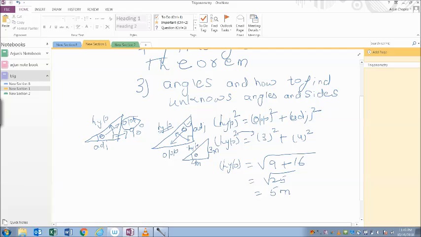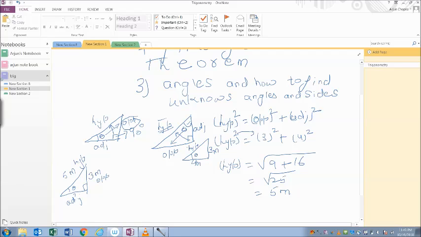Let's take an example over here. Again, a right angle triangle is given to me. Let's say this side is given to me again as 3 meters and this side given to me is 5 meters. I want to find this side. This angle is theta, so this is opposite, this is adjacent and this is hypotenuse. So let's apply the same Pythagoras theorem again.